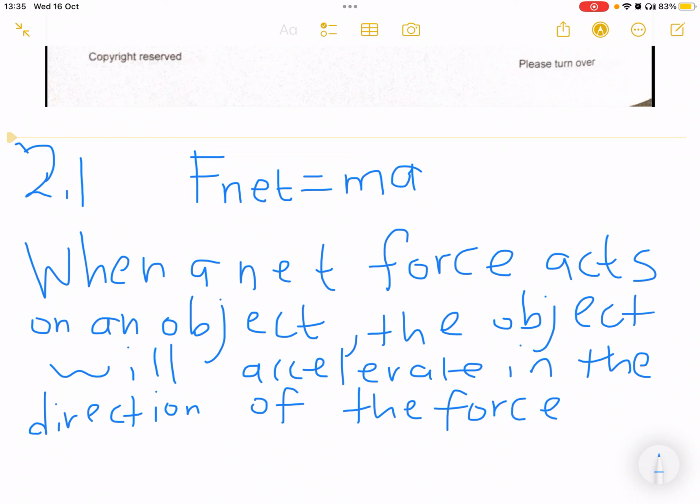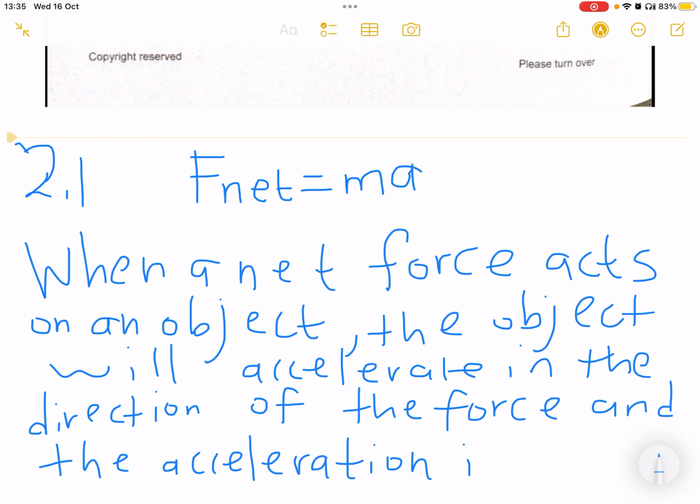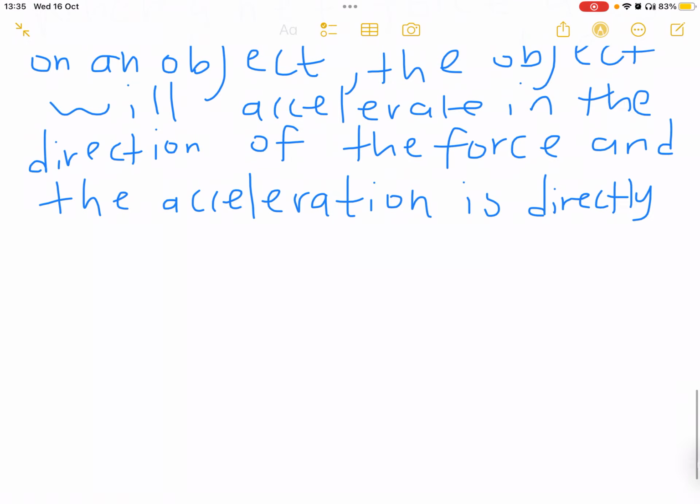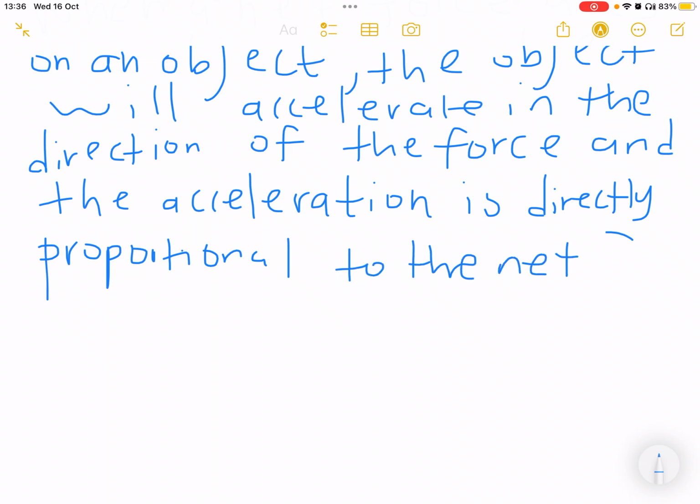and the acceleration is directly proportional to the net force, or you can call it the resultant force.